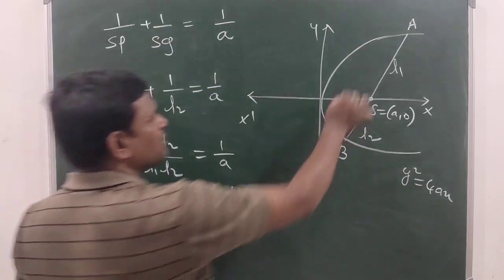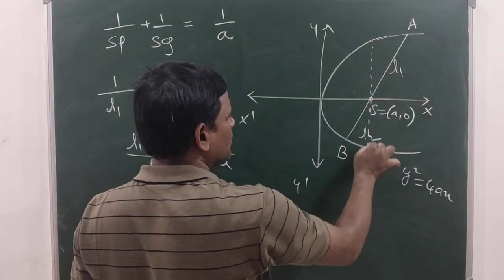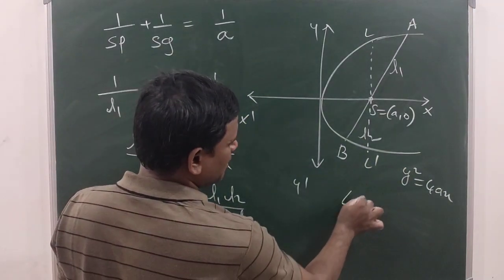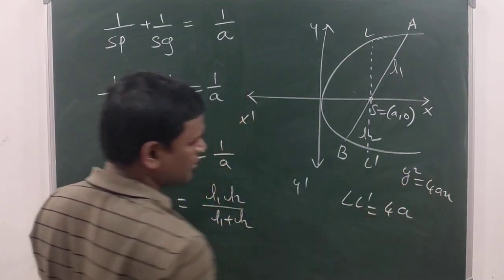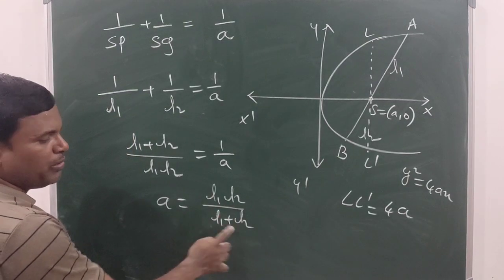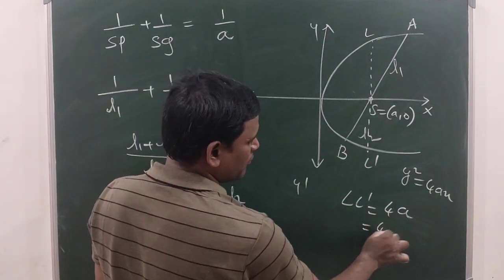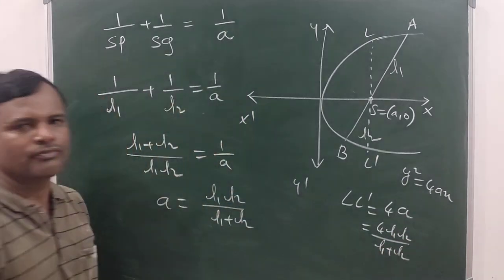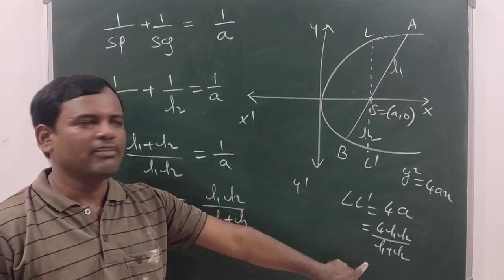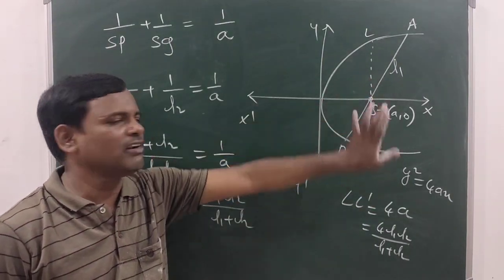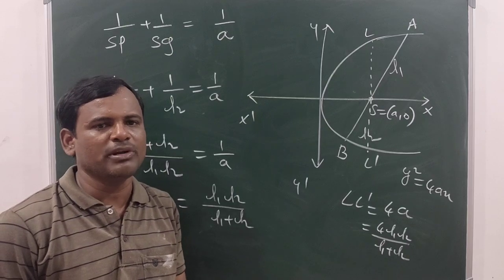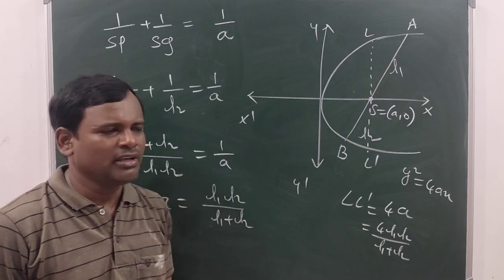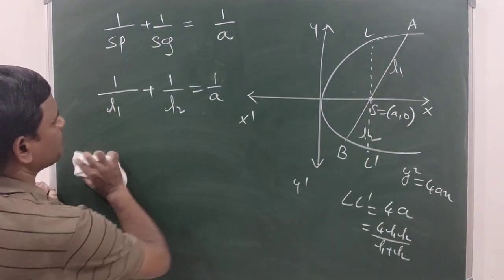But we want the length of the latus rectum, L dash. You know the L dash length. L dash is equal to 4A. But here A you got as L1 L2 by L1 plus L2, no? Substitute here: 4 L1 L2 by L1 plus L2. Okay. So this is our required length of the latus rectum in terms of L1 and L2. L1 and L2 are two segments formed on the AB focal chord. Okay. Right. Next.